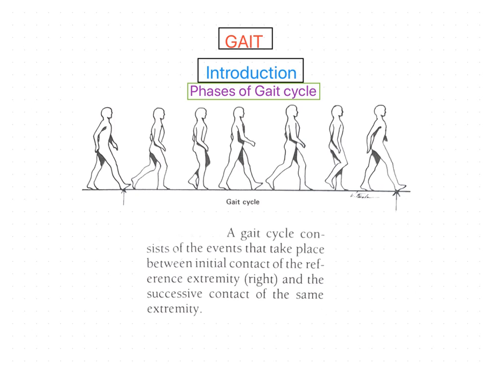Dear students, welcome back. In the previous sessions, we have discussed posture, the static type. Now, in this session, we are going to discuss gait. Gait is a dynamic posture. We can call it dynamic posture.